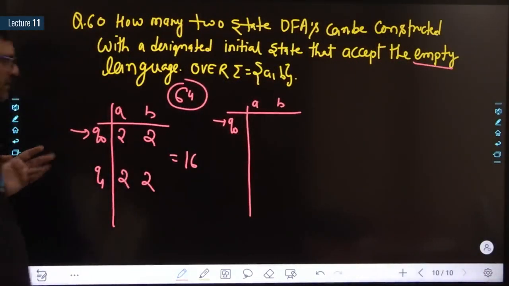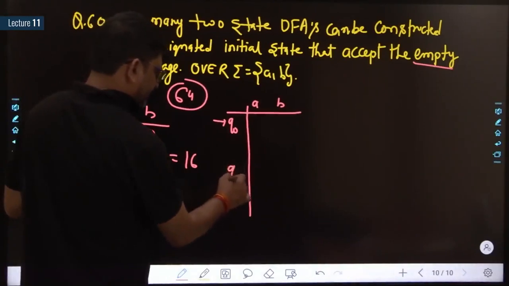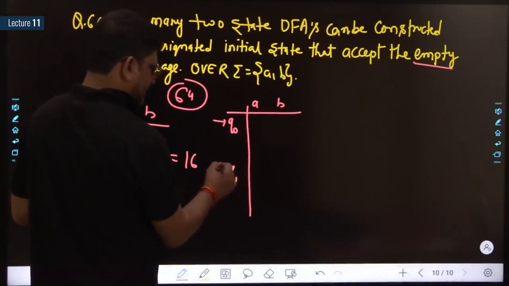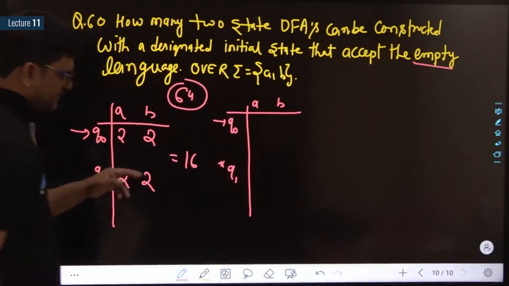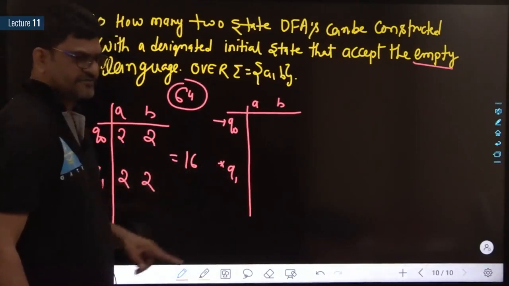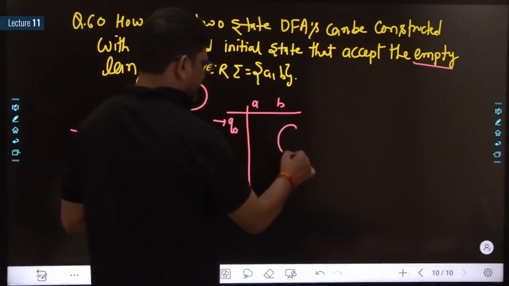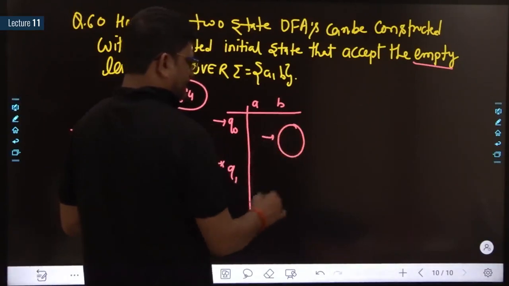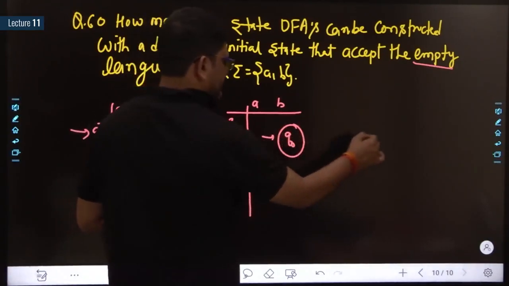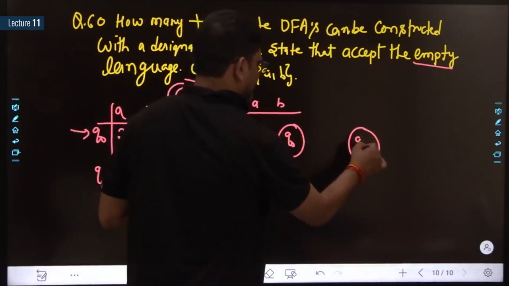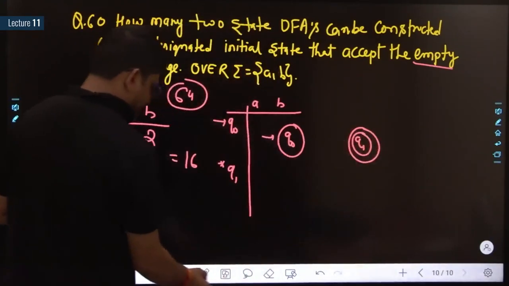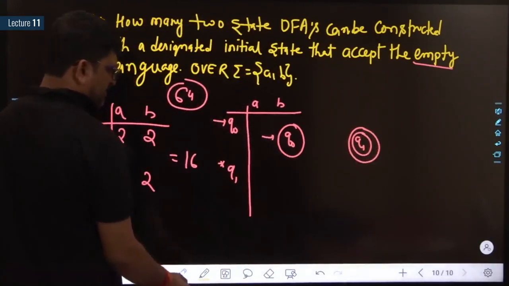Clear? Then, if this state is final, what are the possibilities that the DFA accepts the empty language? This is Q0 and Q1. This is the final state. Please check how many possibilities there are.